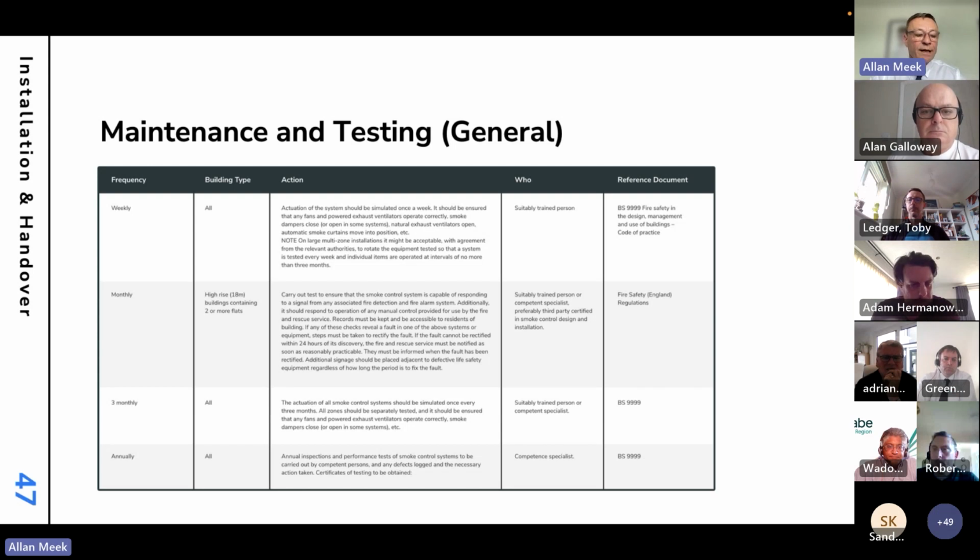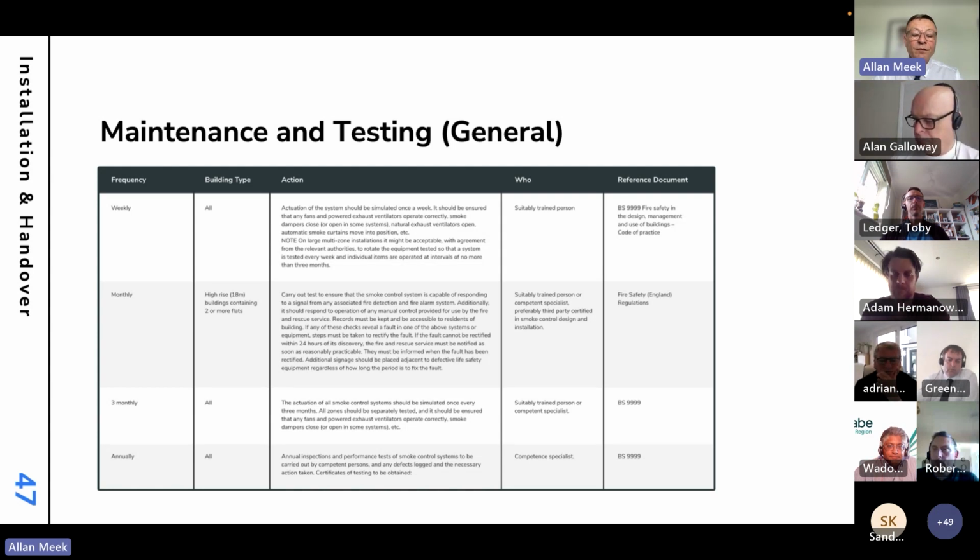So the requirement is to test the system under fire alarm and also under manual fire brigade override if there is one, and confirm the system is operational. The test must be recorded and the results available to tenants of the building. And if there's any fault, that must be recorded. And any faults that aren't able to be rectified within 24 hours must be notified to the fire and rescue service.